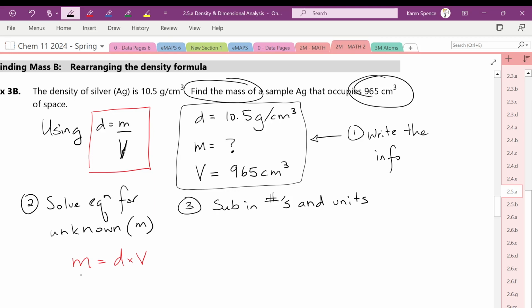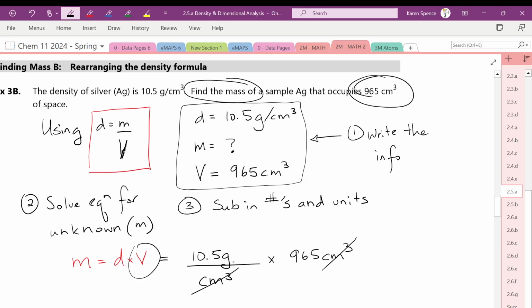So we're looking for mass. It's equal to density times volume, which is equal to 10.5 grams per centimeter cubed times volume, which is 965 centimeters cubed.